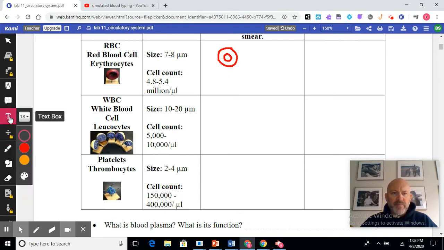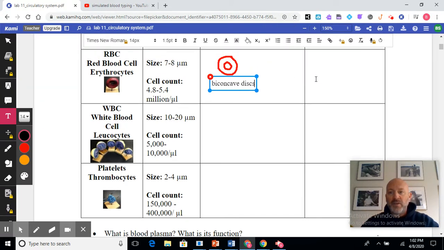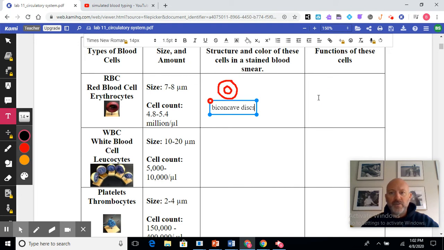And I would describe these as, let's see here. What can we say here? These are biconcave disc shapes. And what is the function of these? What can we say here? Well, they carry oxygen.